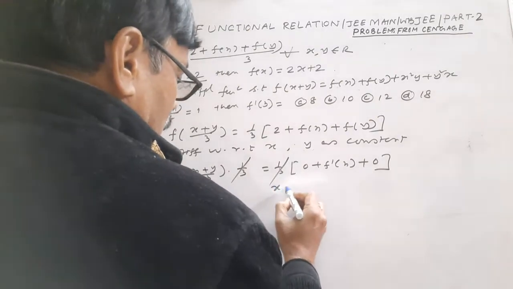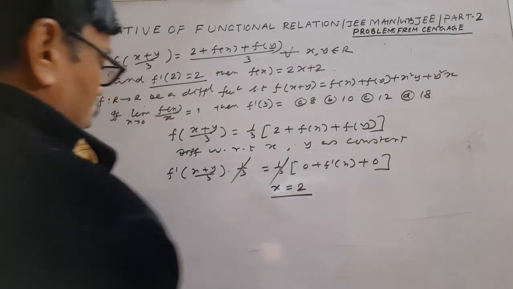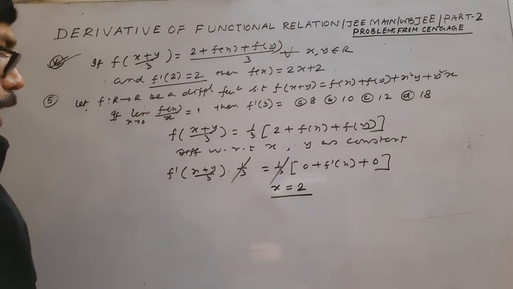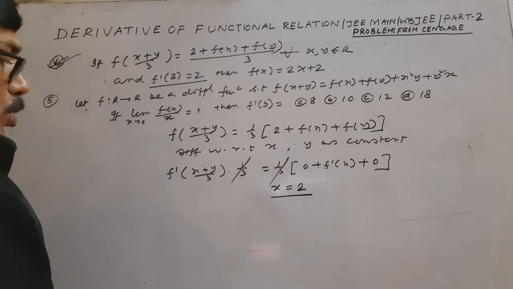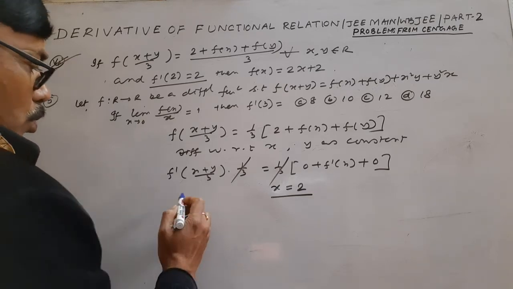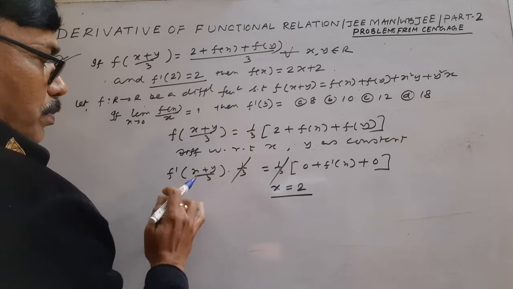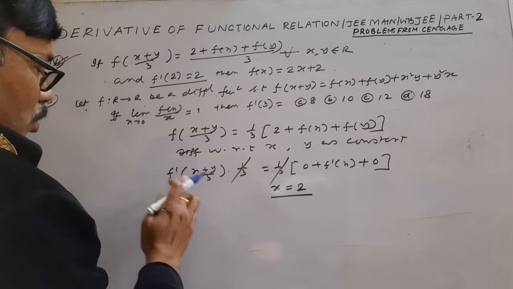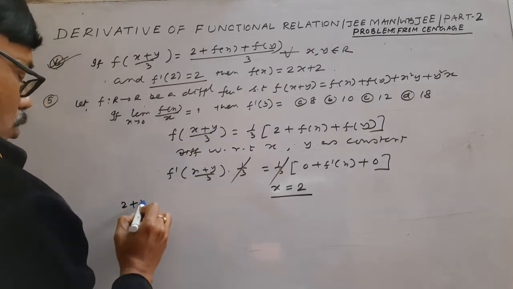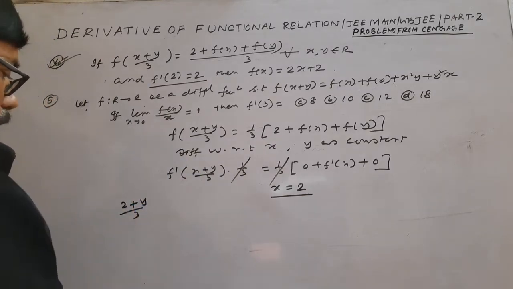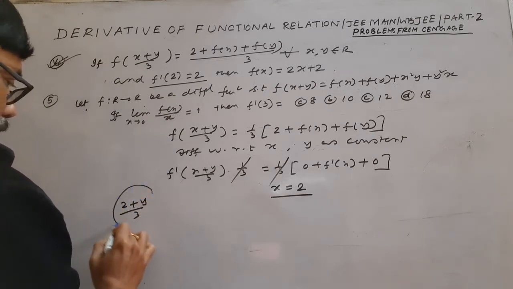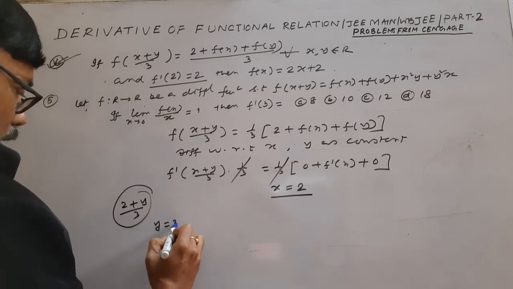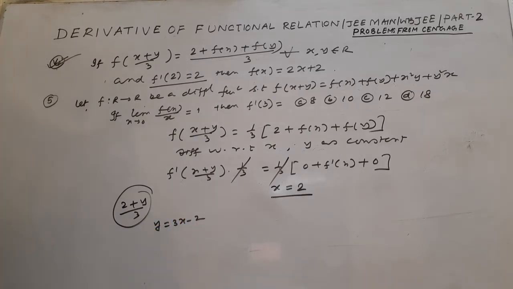So putting x equals 2. And what is y? If we put y equals to, this is f'(2) we are getting. So this is 2 plus y, so this will be (2 + y)/3. Now to get f'(x), what is y? y equals 3x minus 2.